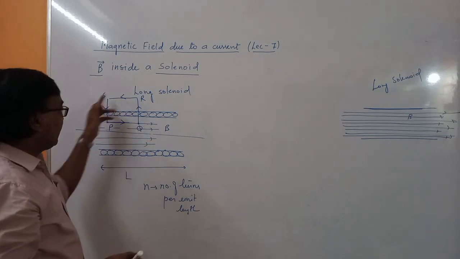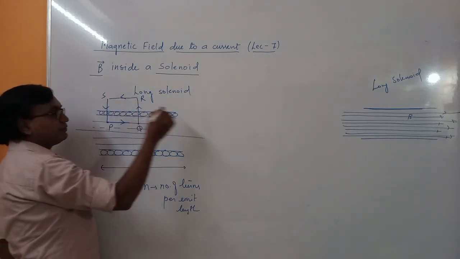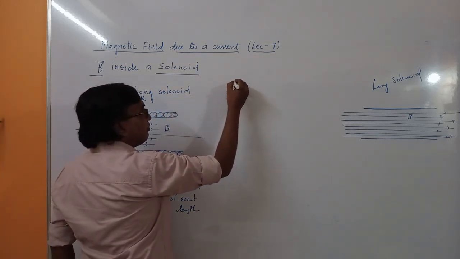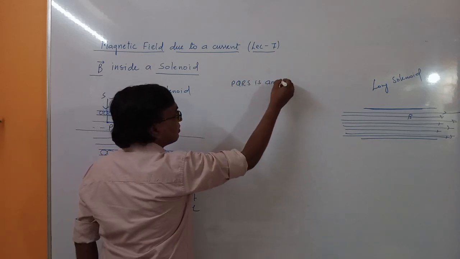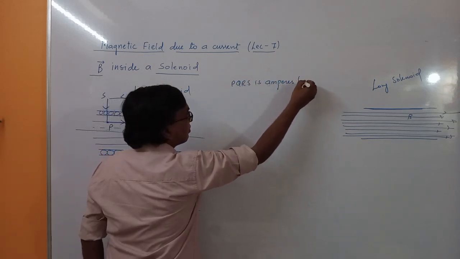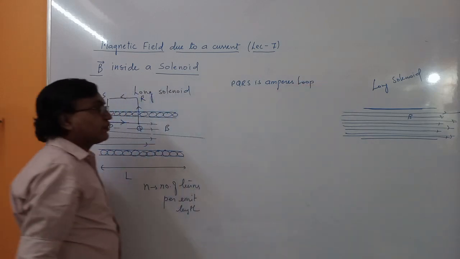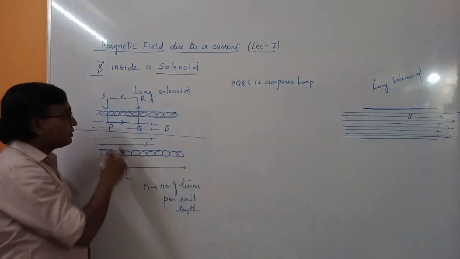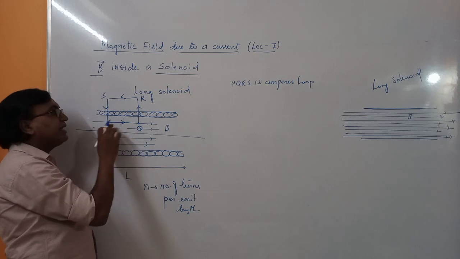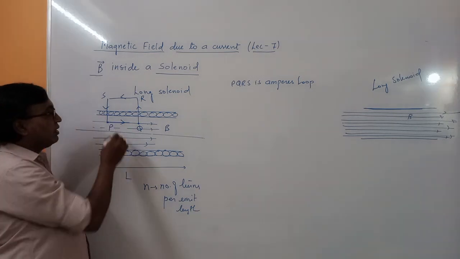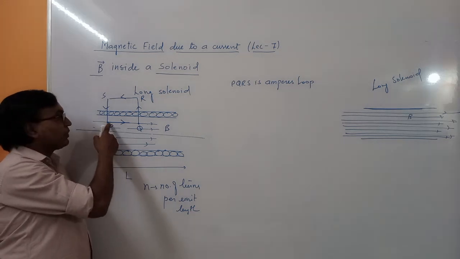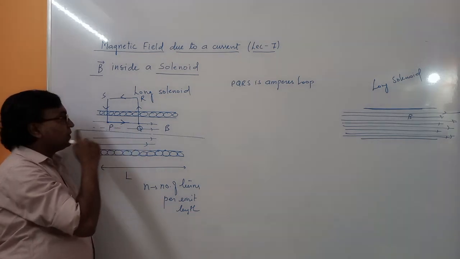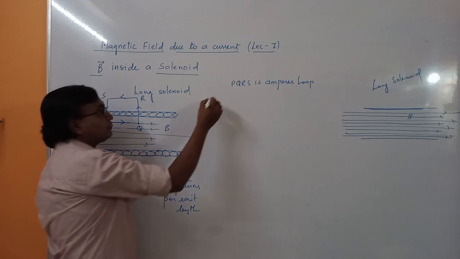So this is Ampere's loop. PQRS is Ampere's loop. Now we have to find out the magnetic field at point P. So we have to take circulation of magnetic field along this line, so we have line PQ.